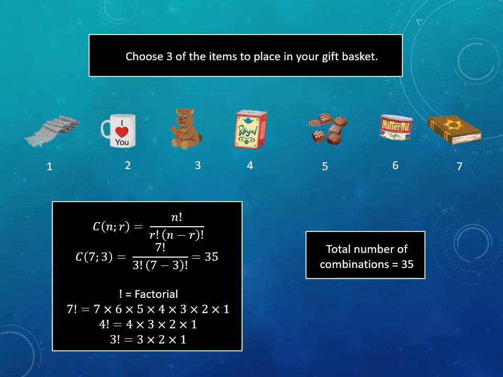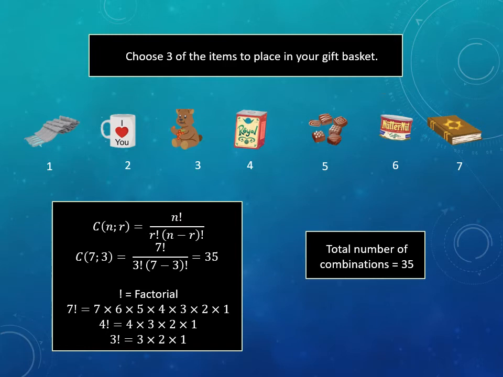N refers to the number of different items that we have. R is the number of items that we need to choose. So N is 7, R is 3, and we substitute that into our formula. And we have 7 factorial divided by 3 factorial in brackets 7 minus 3 factorial, and we get an answer of 35.